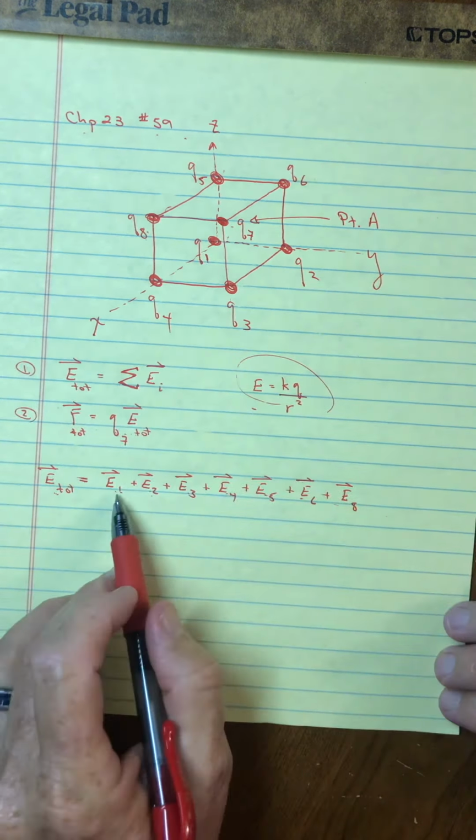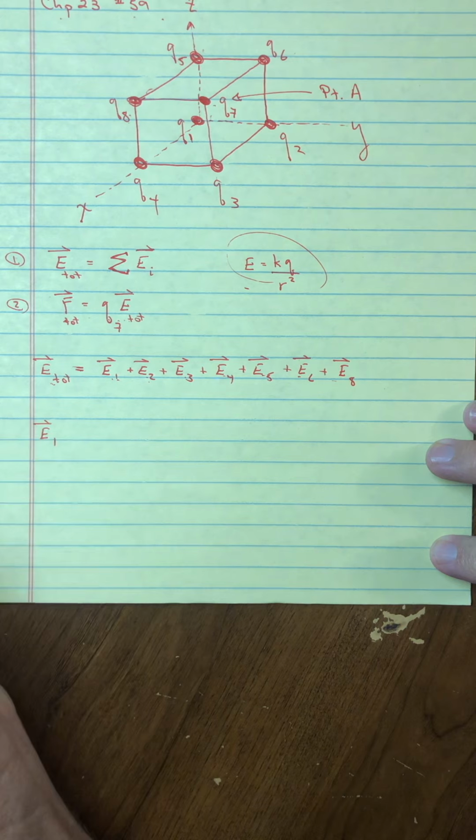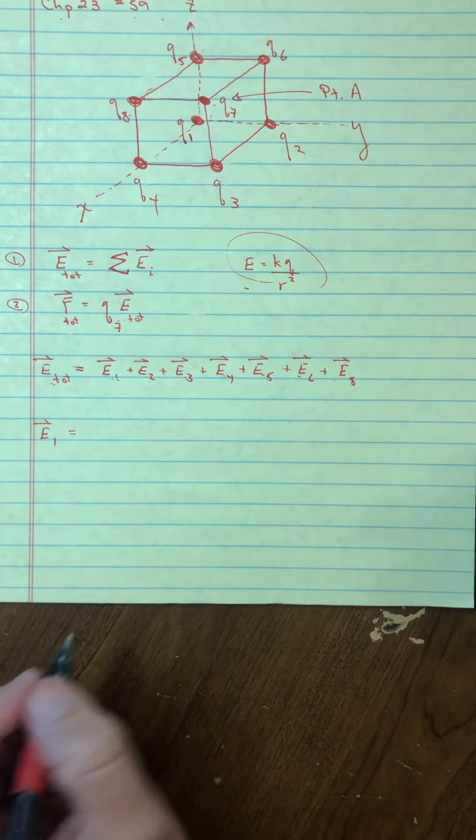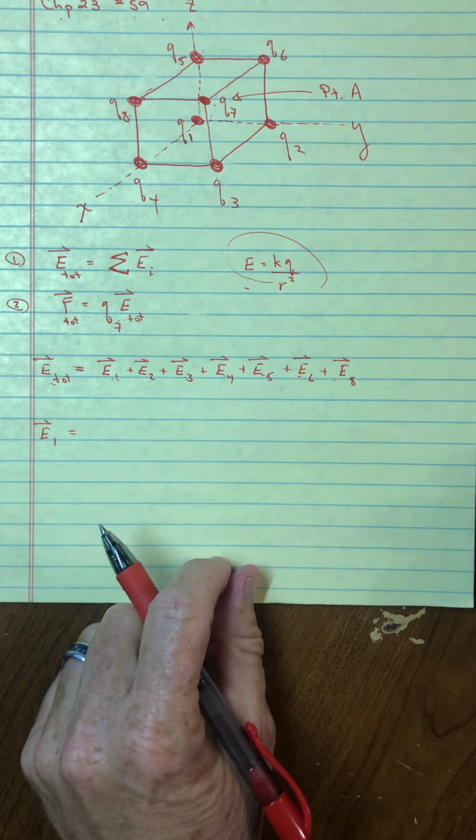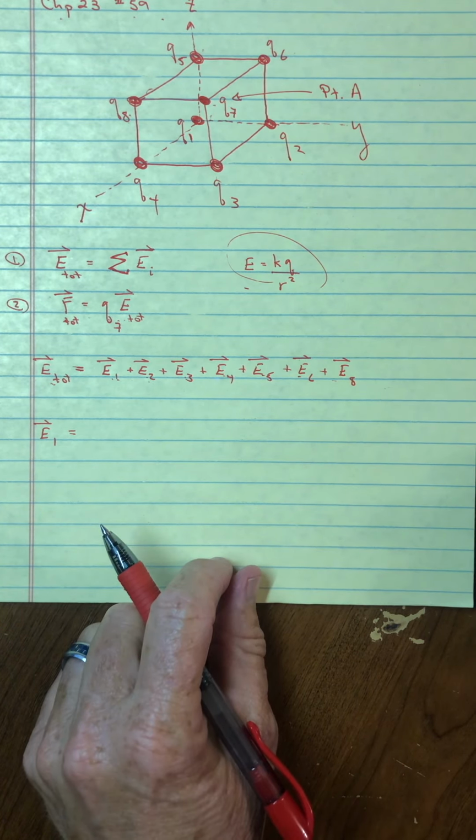Okay. So setting this up, really more visualizing it might be the challenge. So let me go through this one by one. Why don't I start with E1. Now E1 can actually be a pretty hard one. Actually E1 might be the hardest one.